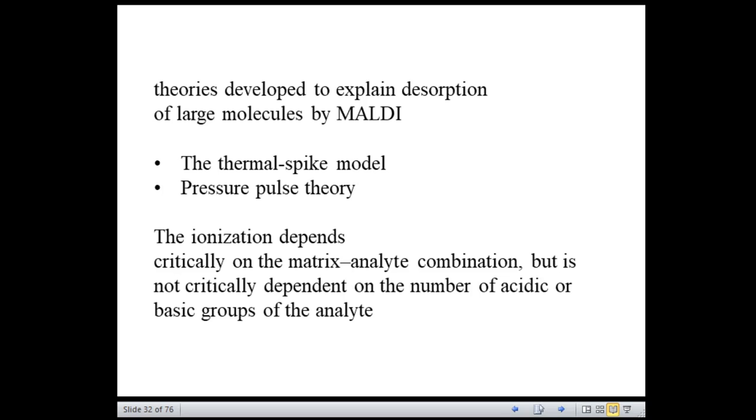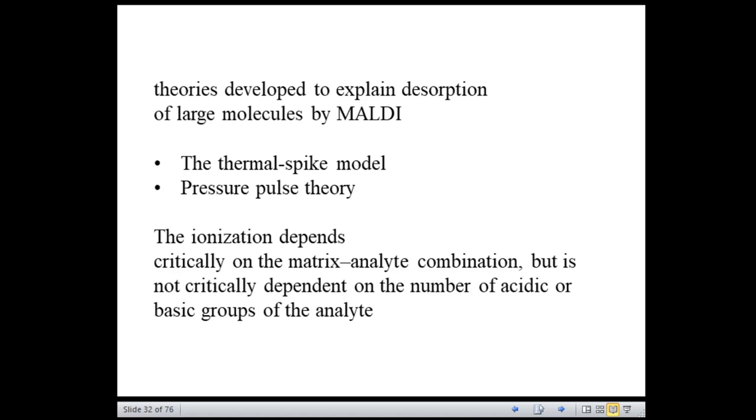It is generally thought that ionization occurs through proton transfer or cationization. But we know very well that the ionization depends on the matrix analyte combination, but it is not dependent on the number of acidic or basic groups of the analyte.